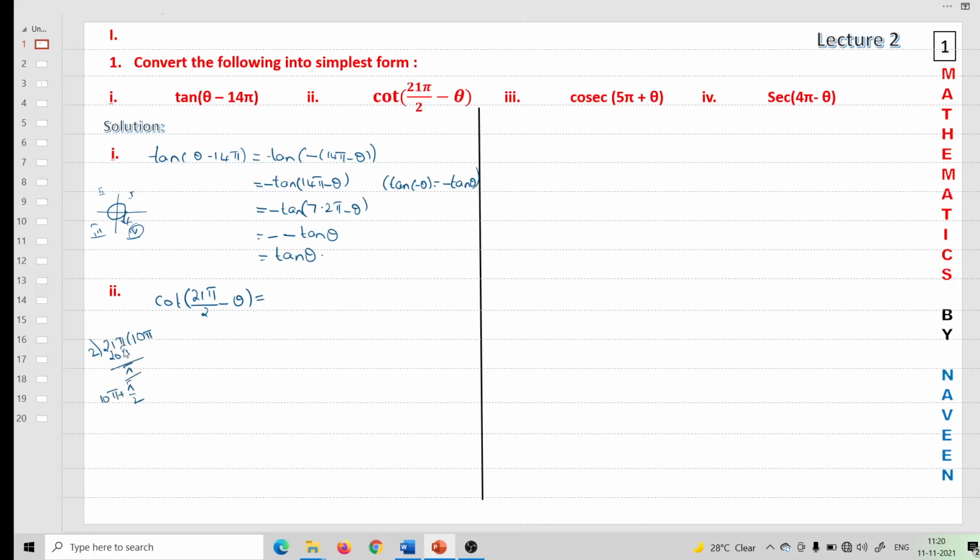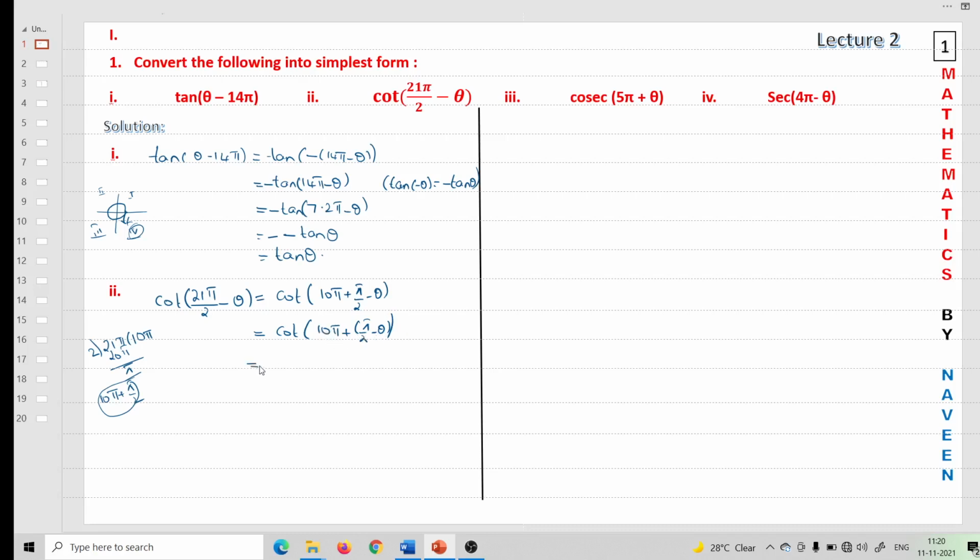So 21 pi by 2 can be written as 10 pi plus pi by 2. So here I am writing cot of 10 pi plus pi by 2 minus theta. Clear? Pi by 2 minus theta I am treating as a separate bracket.